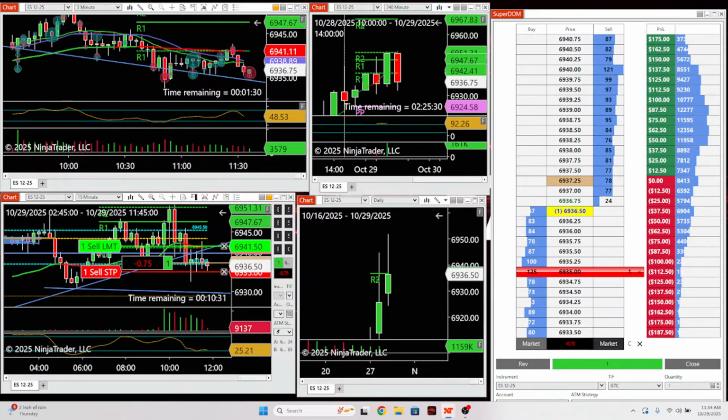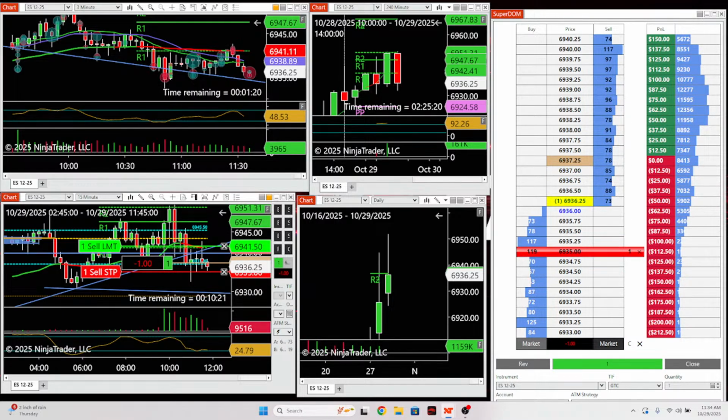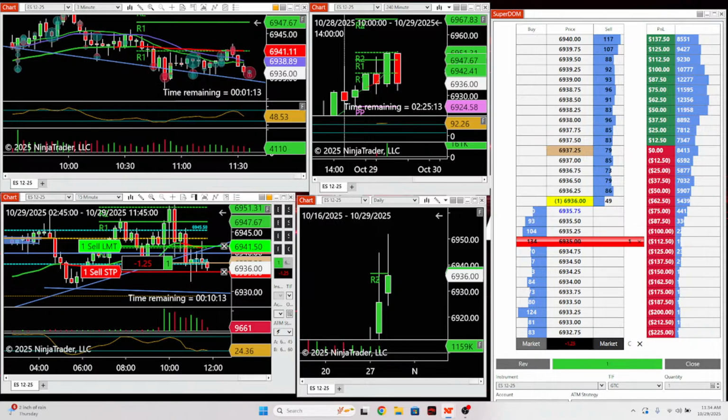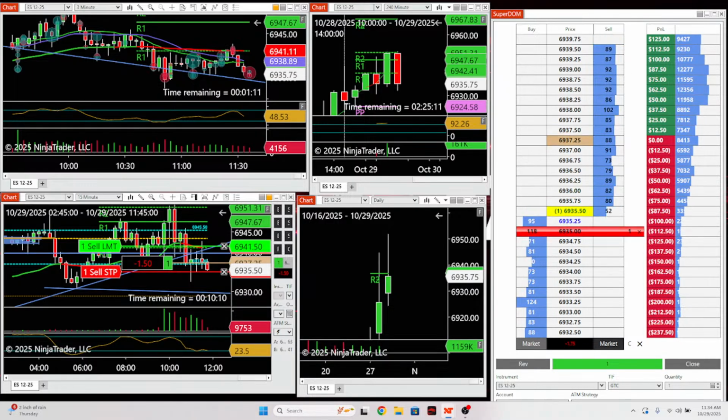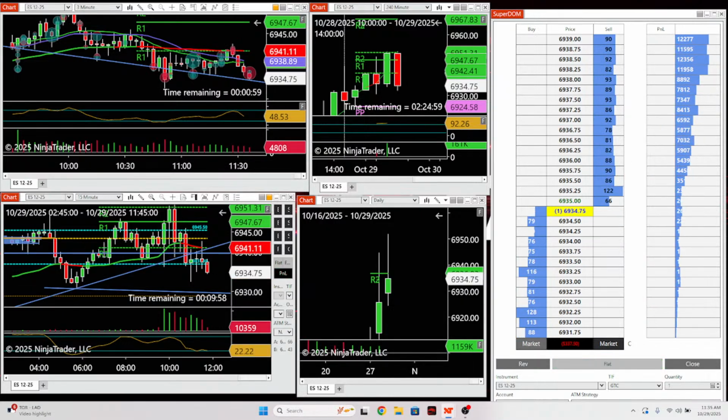And I bought it right at the trend line. Right at the trend line. Which I think we may get a push lower. I'm gonna hold my... it's going. Stop filled. So it's going lower.